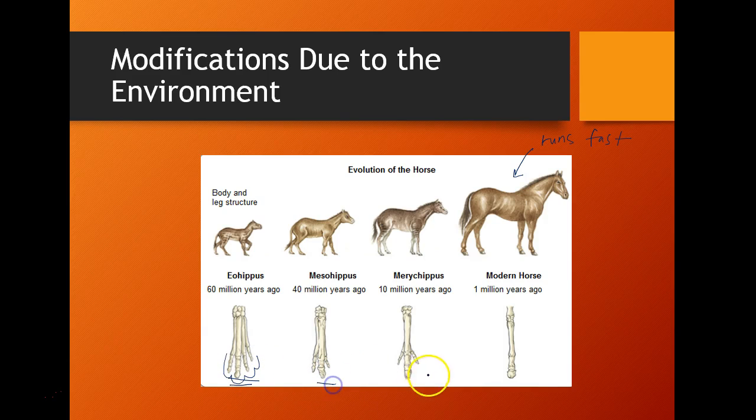But it starts losing them, and the bones become more solidified and stronger, right? It becomes more like one piece and stronger, and you no longer see any toes, because you see more of a hoof. And so this is an adaptation that allows the horse to run fast. And so again, this would be an ancestor of the horse, and then the progression to what we see today as a modern horse. And this is due to the environment.